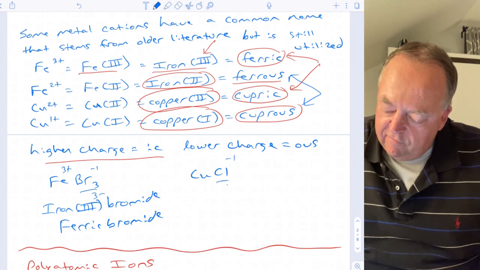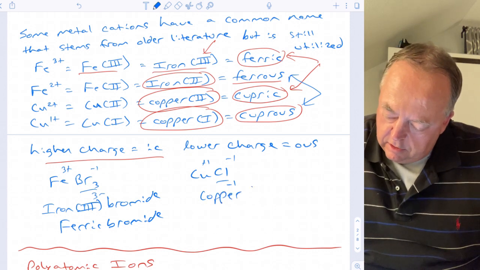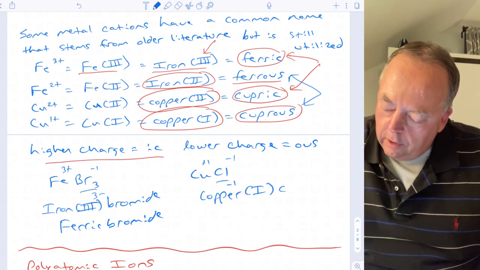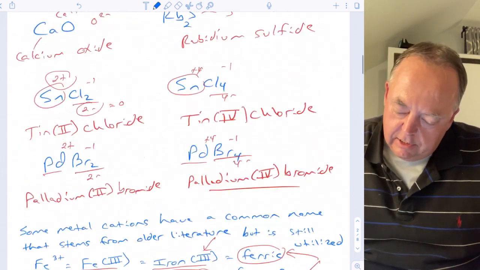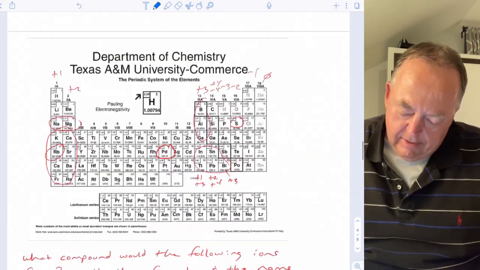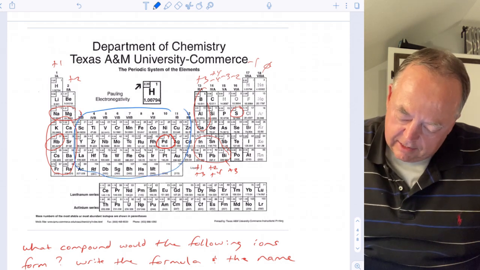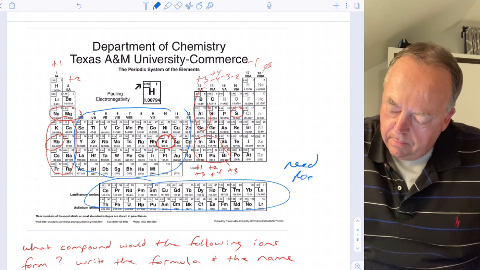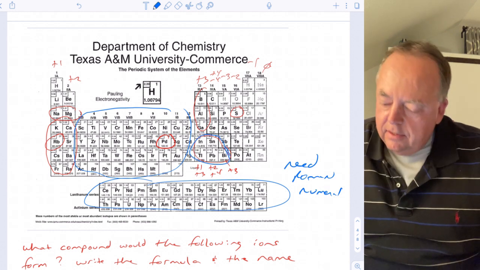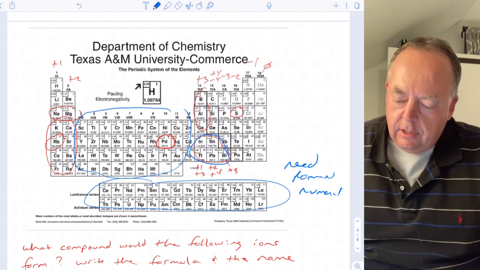And so since chlorine's a -1, there's 1 negative, so this copper must be +1, so the more conventional way to name that would be copper(I) chloride. Right, you have to put the Roman numeral in there. So anytime you see a transition metal in the name, or one of these lanthanides or actinides, or one of these elements at the bottom, right, that are of higher mass, you need a Roman numeral in the name so that we know what the charge state is on that metal.